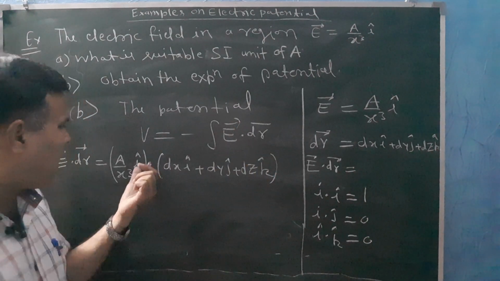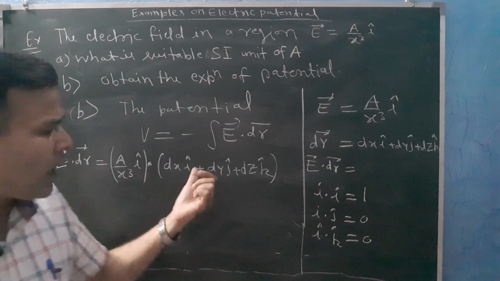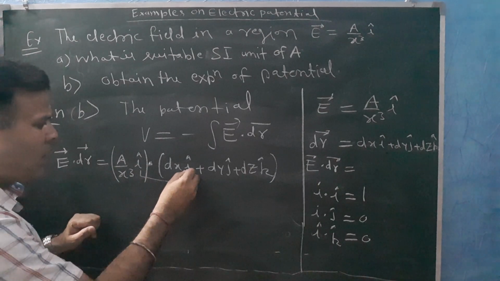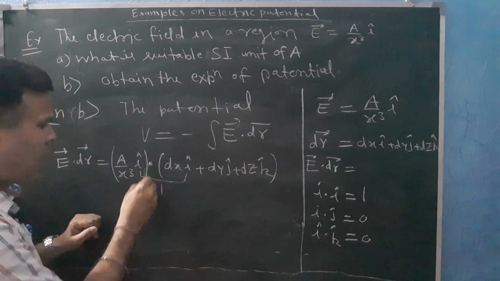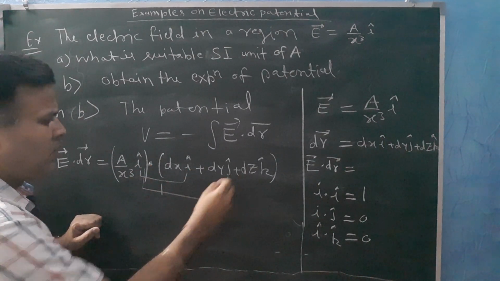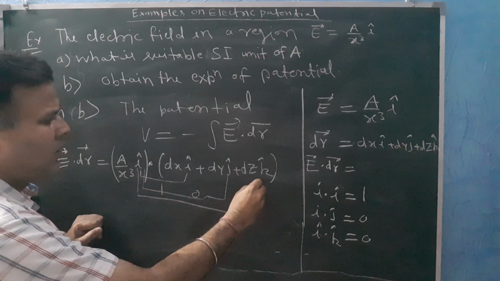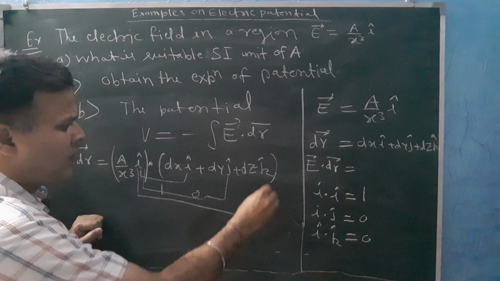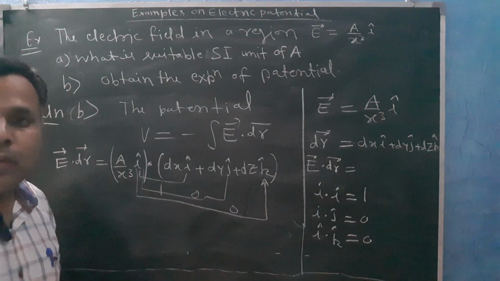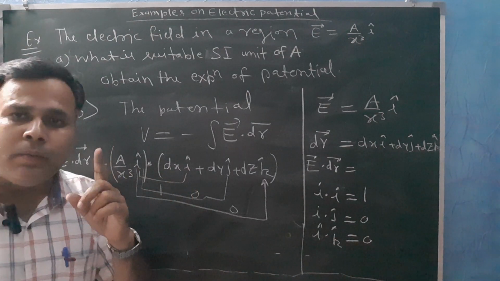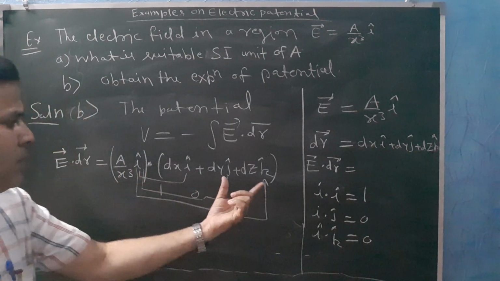And we know only the dot product of i dot i is 1, i dot j is 0, and i dot k is again 0. So i dot i will only give 1 and the rest will give 0.